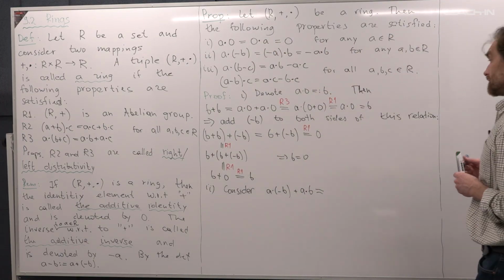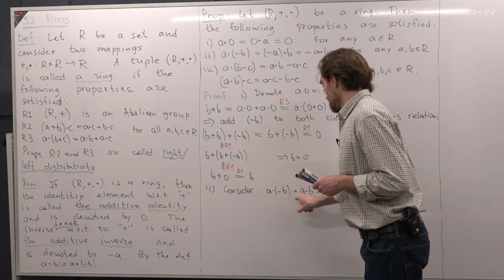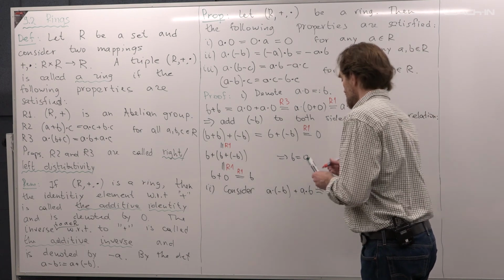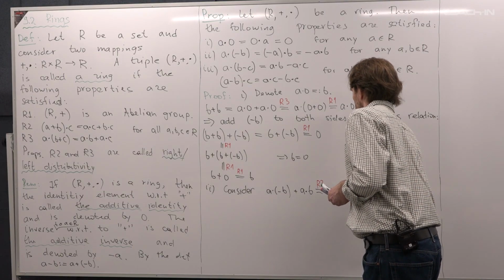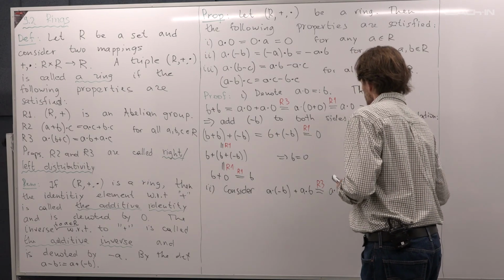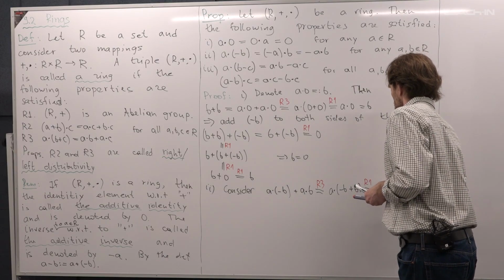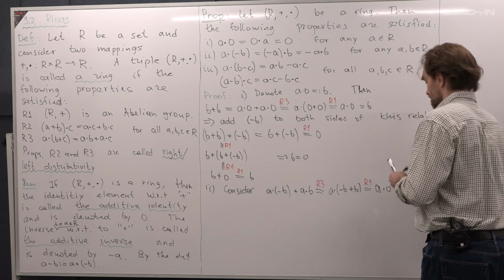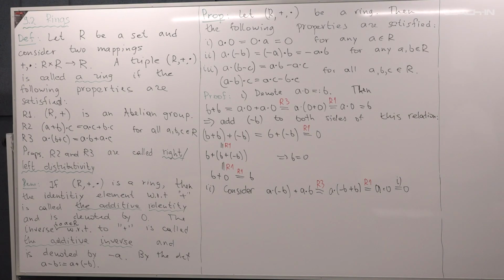So according to the property R3, since we have the factor a at the left, that is equal to a multiplied by (minus b plus b), and according to the properties of addition in the ring, this is a multiplied by 0, and this is 0 according to the first property, according to what we have already proved.